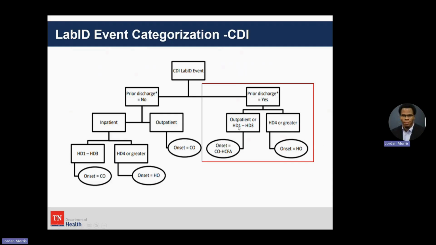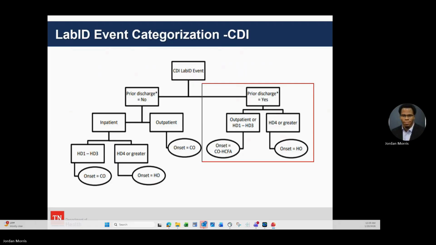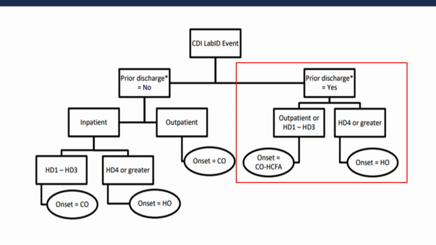If the patient was in the facility longer, it is considered a hospital onset. This flowchart categorizes CDI LabID events based on prior discharge status, patient location, and hospital day. The highlighted section represents one pathway within the overall decision process.